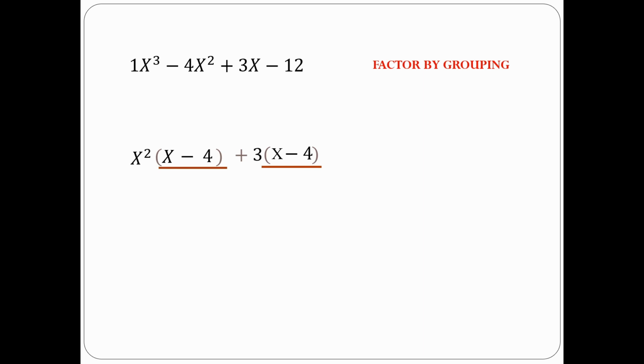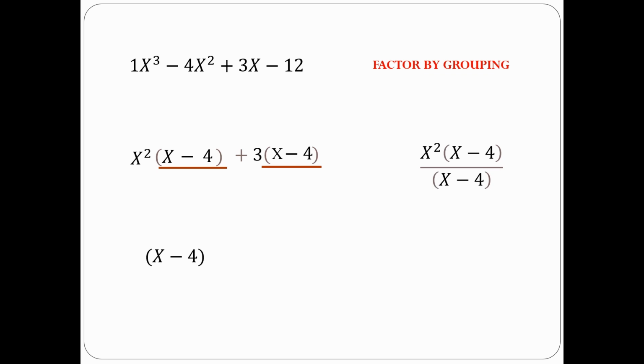So the next thing is to factor out x minus 4. If we take this term and divide it by x minus 4, the x minus 4 will cancel, leaving x squared. So if you want to write it out, you can see it this way.